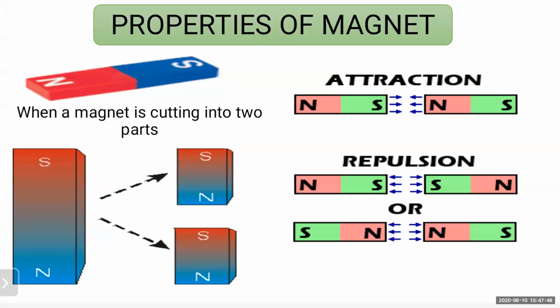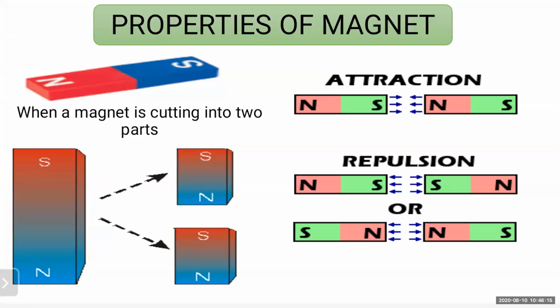We know when we cut the magnet into two parts, again it behaves like a magnet having south and north pole. Okay, so in 9th standard we already studied that there is attraction and repulsion between magnets.